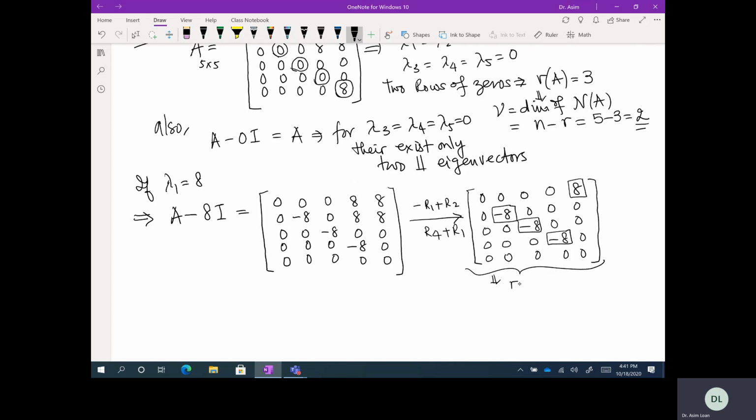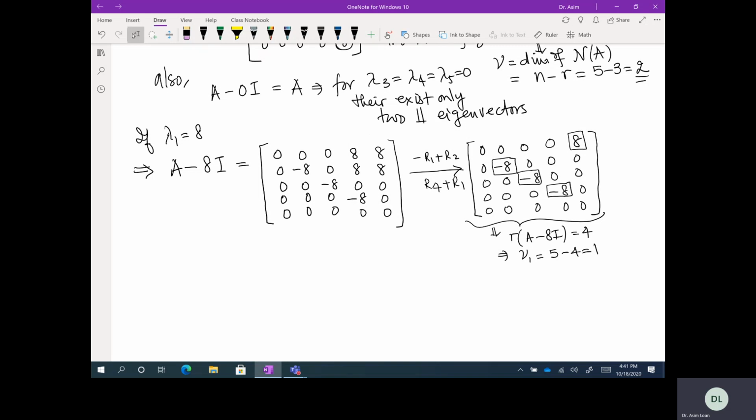So this implies the rank of A minus 8i is 4. This implies the nullity, the dimension of the null space, is 5 minus 4, which is equal to 1. So we only have one eigenvector.